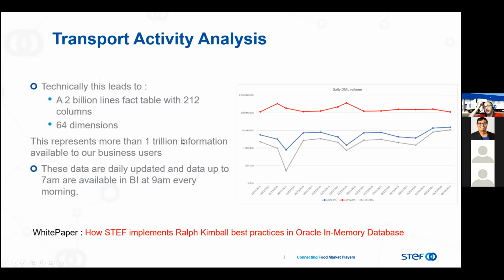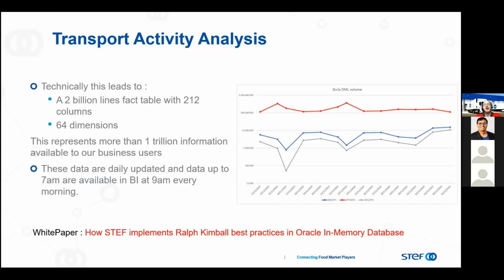This results in a 2 billion line fact table with 212 columns and 64 dimensions, and it represents more than 1 trillion, so thousands of billions of pieces of information available to our business users.